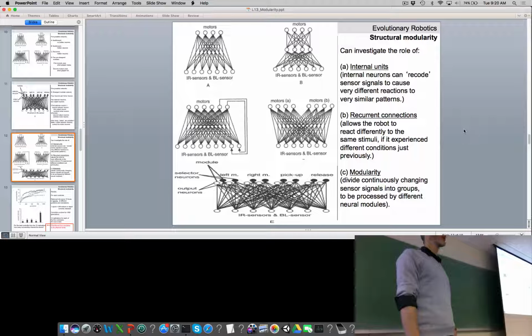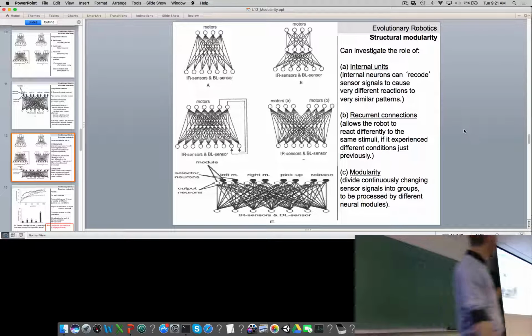If recurrent connections allow the robot to do a better job than it can do with A or B, what does that tell us about this task? We should probably use some more recurrent connections. Maybe more recurrent connections are useful, yes, that's one thing.